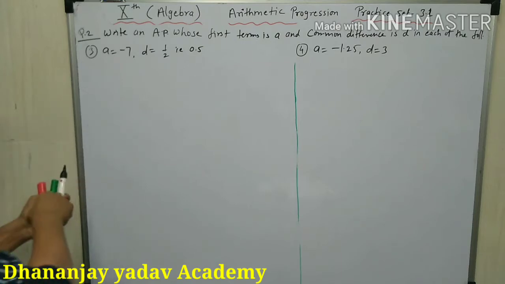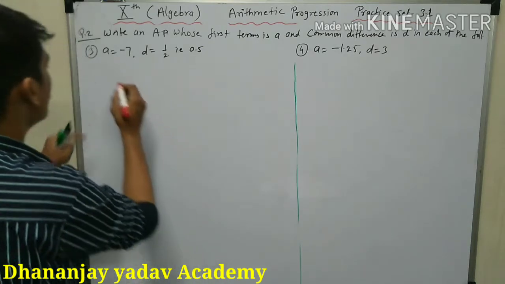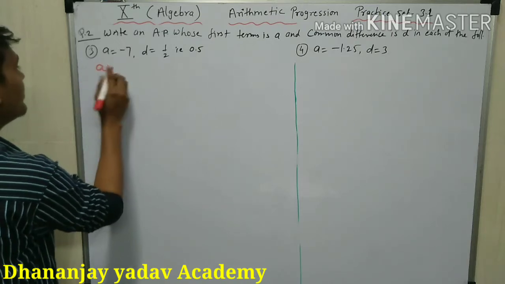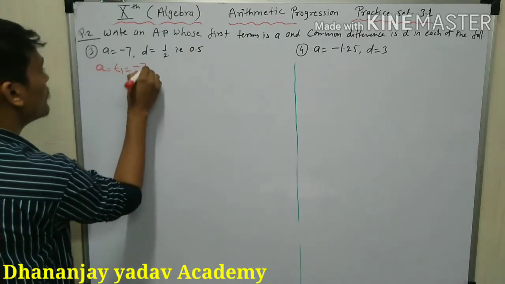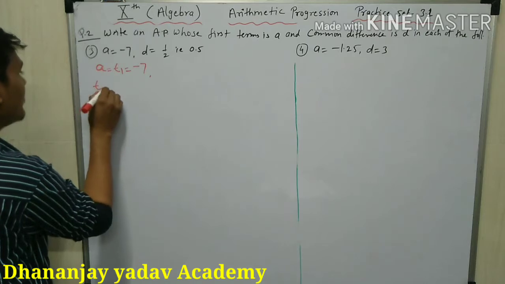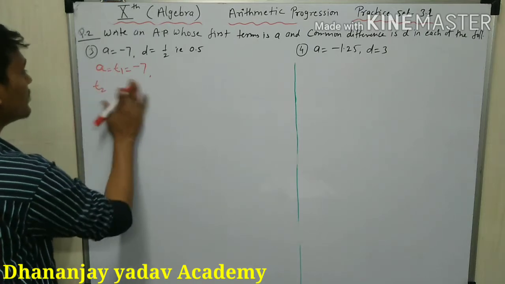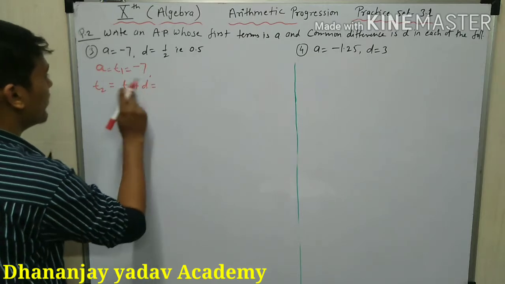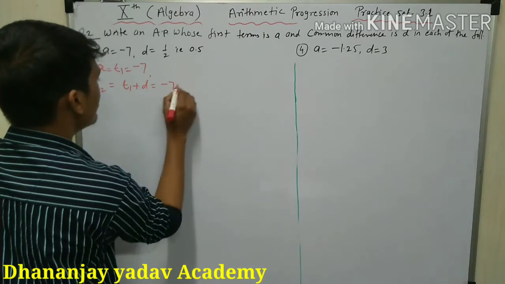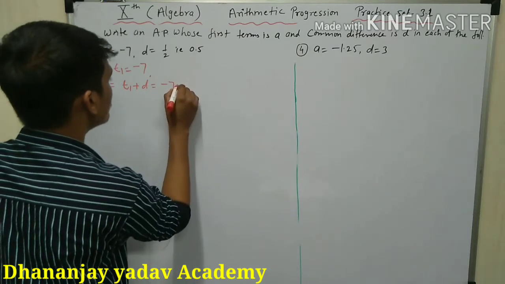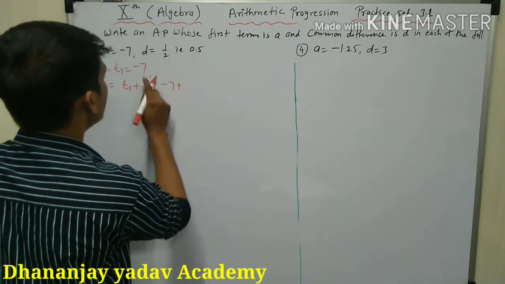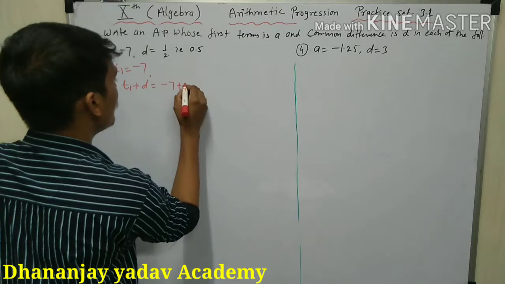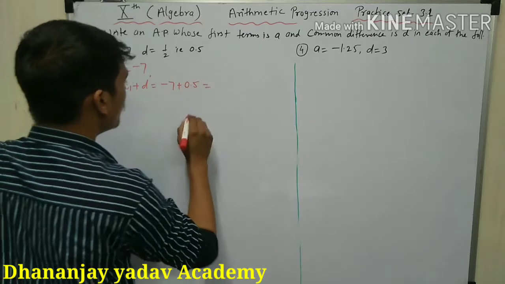Question number 3, A is equal to minus 7. You can write here A is equal to T1 is equal to minus 7. Then T2 is equal to T1 plus D. T1 is minus 7 plus D, where D is 1 by 2, you can also write 0.5.